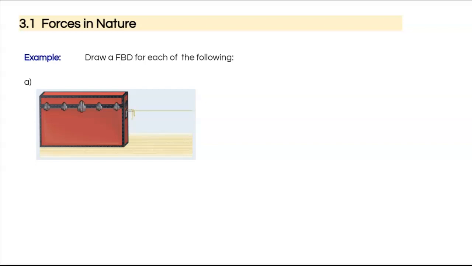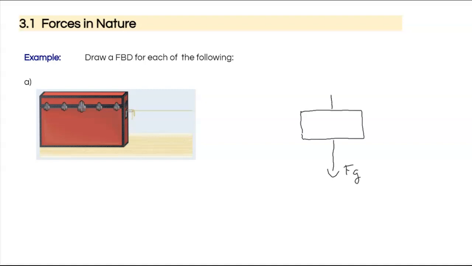Okay, so I'm going to start by going ahead and drawing a rectangle to represent the box that's being pulled, the trunk. And so I'm going to analyze the situation. I can see that this trunk is on a horizontal surface, and so I know that because of that, it's going to be experiencing the force of gravity acting downward, right?